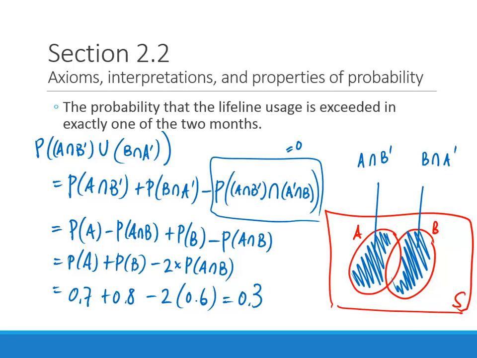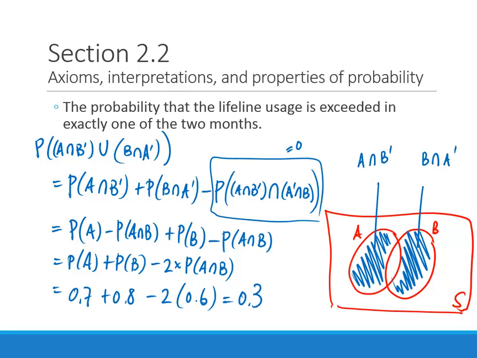So a good way to check is if you get something that's less than 0 or bigger than 1, then you've done something wrong. You need to reevaluate there. Questions, comments? Everyone okay with what we're doing here? You mean less than 0 and bigger than 1? Sorry, yes, less than 0 and bigger than 1. Yep.